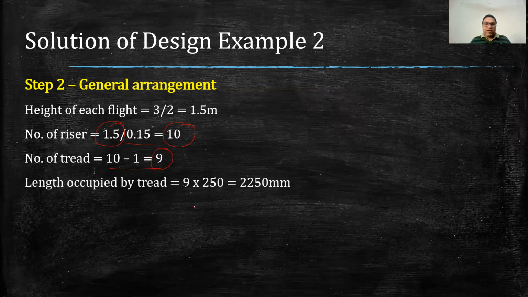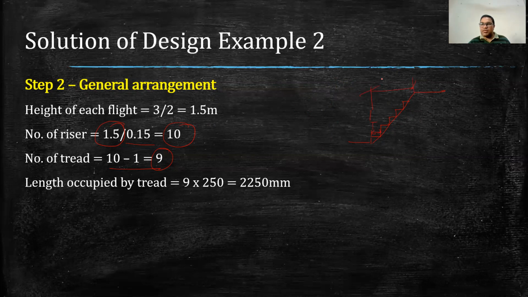And now we will find out the length which will be occupied by the treads. What I am talking about is this one. As you see, this is the tread. So what will be this length?